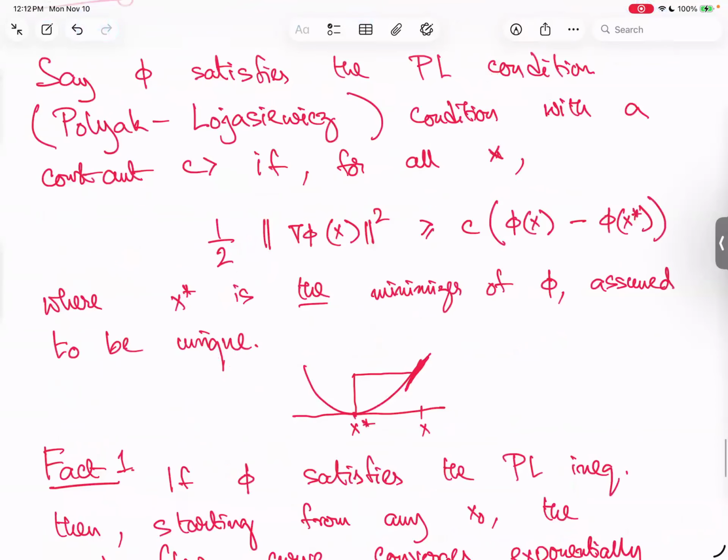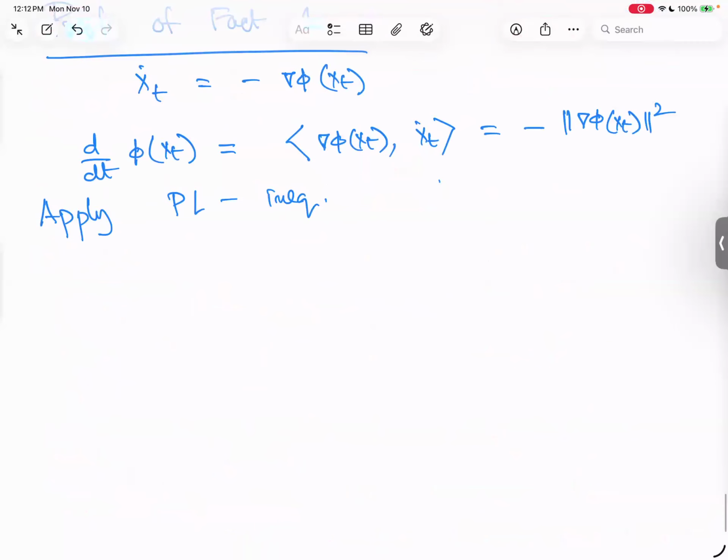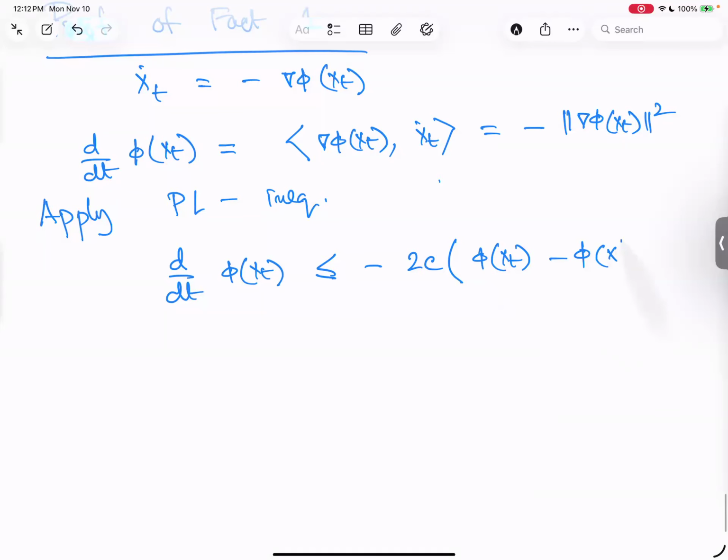That was the PL inequality. And so what I get from here is that d/dt of phi of xt is less than or equal to negative twice c times phi of xt minus phi of x star. Good.